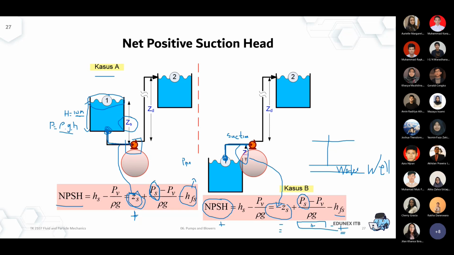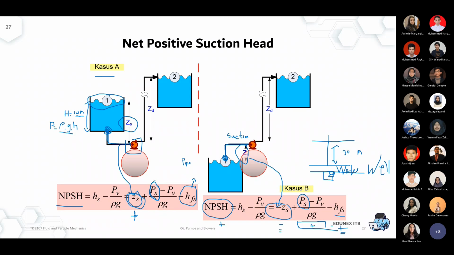Okay, so you can imagine a water well that's already, let's say, 30 meters or something in a big city. So you want to prevent cavitation, and then you put your pump underground. So you drill a hole and then you put your pump underground. So it's not easy to operate. It's not easy when it breaks down and so on.